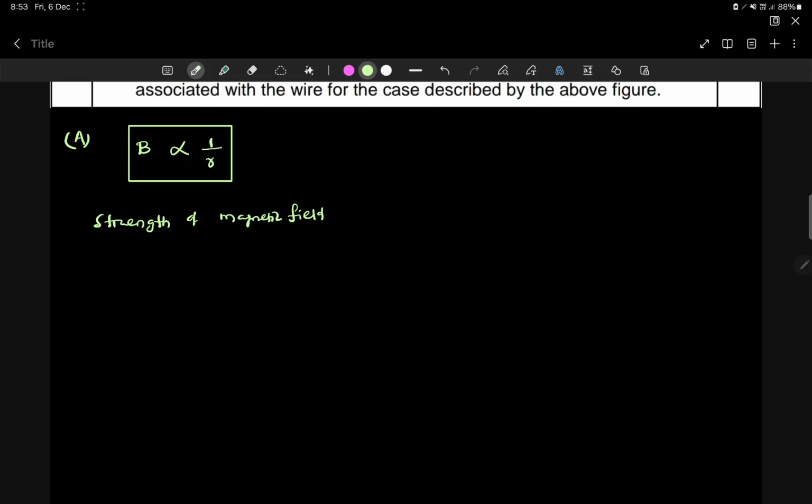R is the distance of the point of observation from the current carrying wire. So we know the strength of magnetic field is inversely proportional to distance from the current carrying wire.